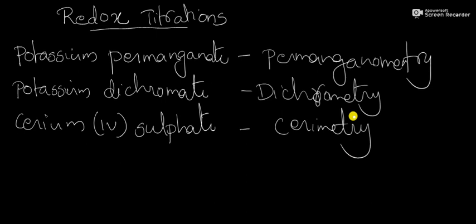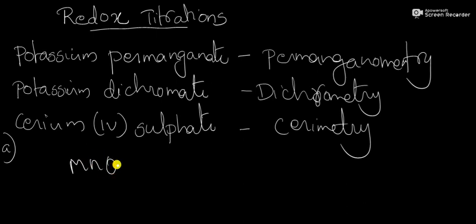Then first we have to discuss titrations involving potassium permanganate, or permanganometry. Here the oxidizing agent is potassium permanganate, so it is titrated against reductants. Then what is the equation?